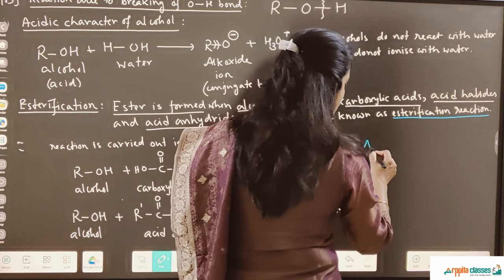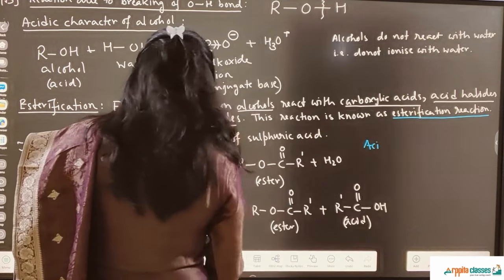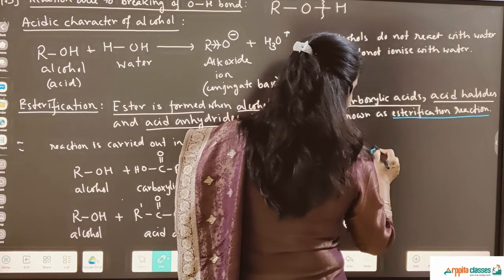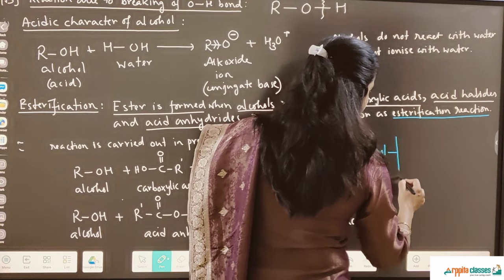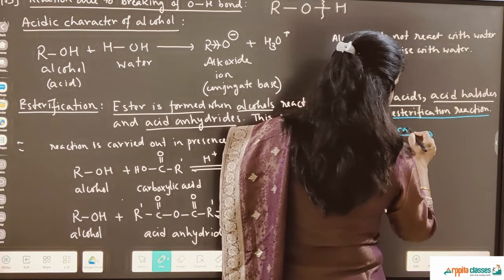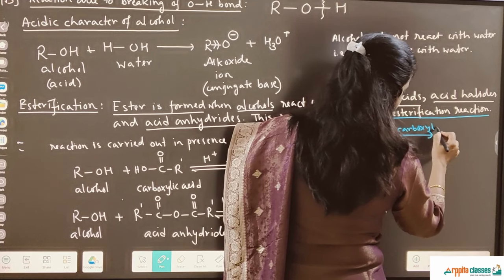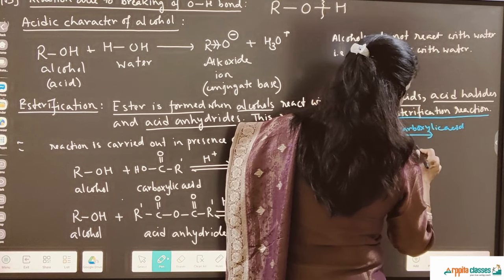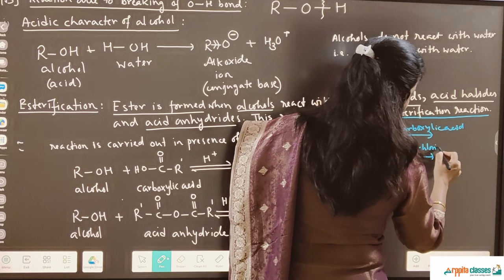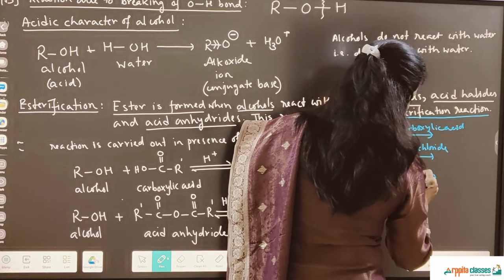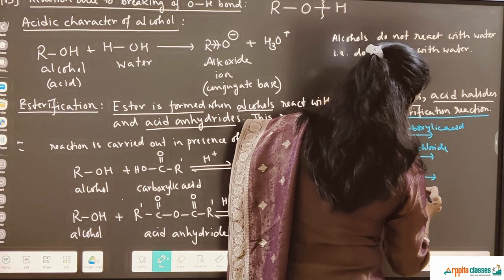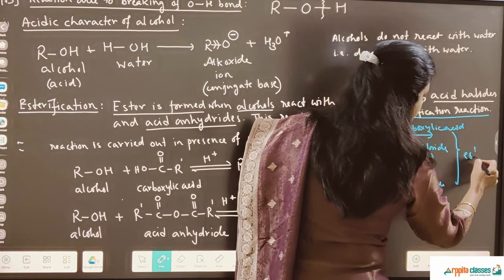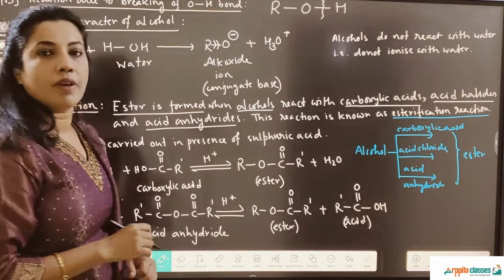So my substrate is alcohol. If this alcohol reacts with carboxylic acid, acid chloride or acid anhydride, in these three cases they will give rise to an ester.